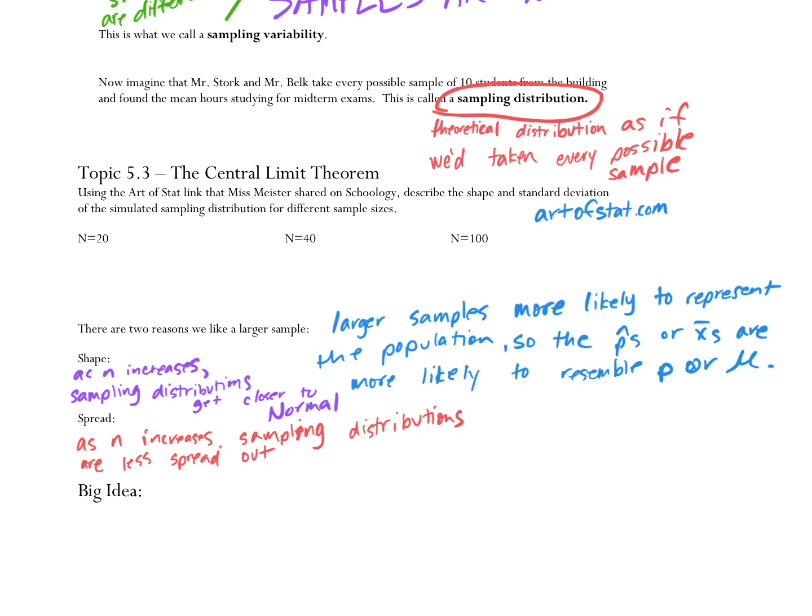Everybody good? And why is this one better? Because all of our samples were much closer to that value we're trying to estimate in the first place.